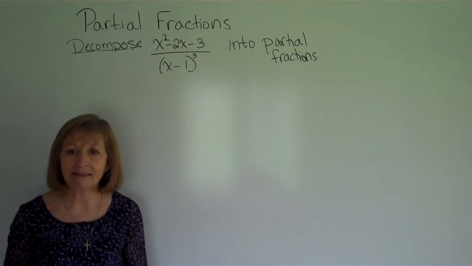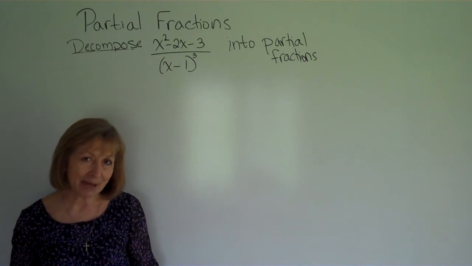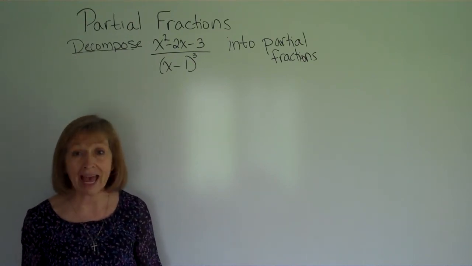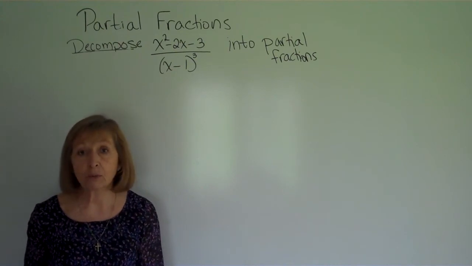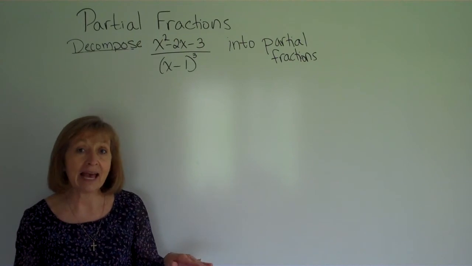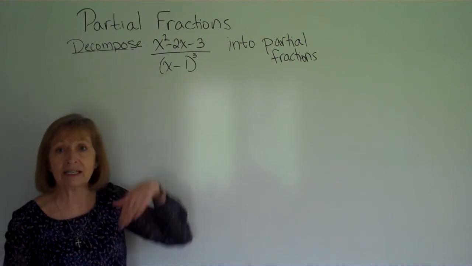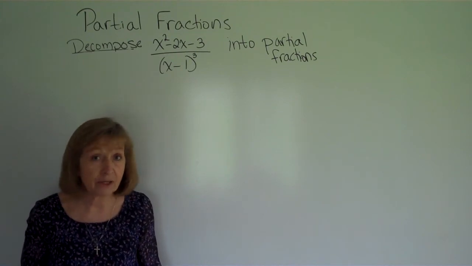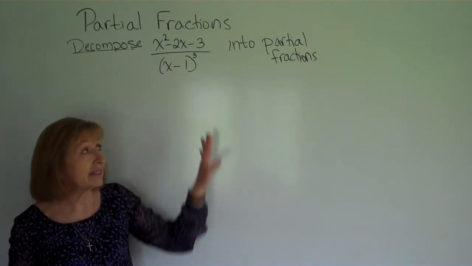But I have to think that if I got a common denominator of x minus 1 cubed, I could have had separate fractions where one of the denominators was just x minus 1, because certainly that would be consumed within that denominator of x minus 1 cubed. I could have had a denominator that was x minus 1 squared. Same thing.